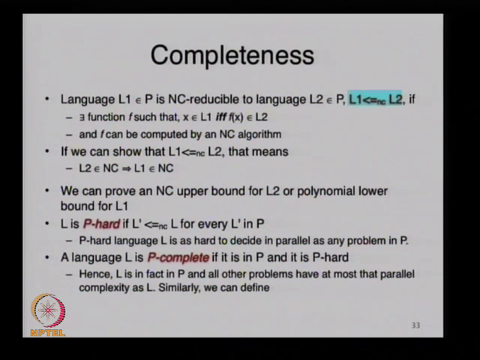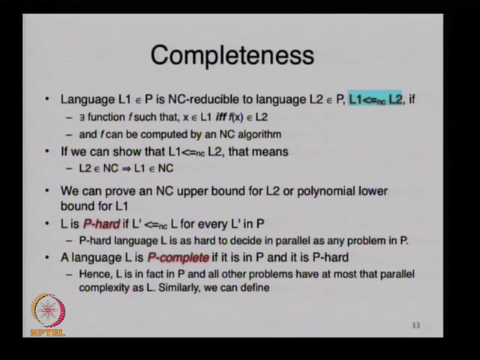If there is such a function f that we can map from L1 to L2, right? If you give me an element in L1, I can apply f and get an element in L2. And the computation of this f, getting the element in L2, is efficient, parallelly efficient. It's in NC.